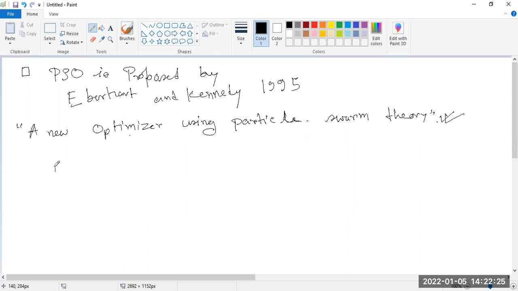So what is this? This is a direct search method.